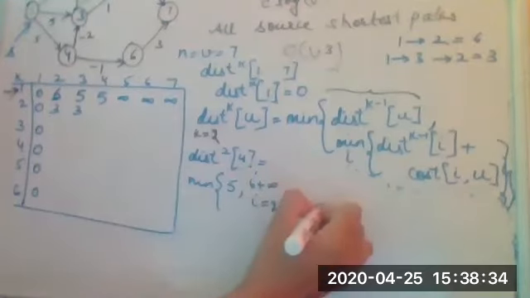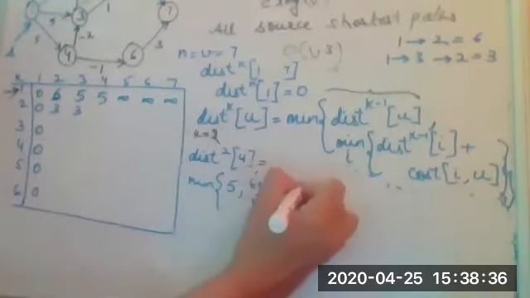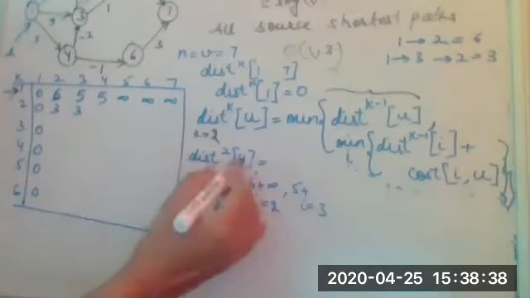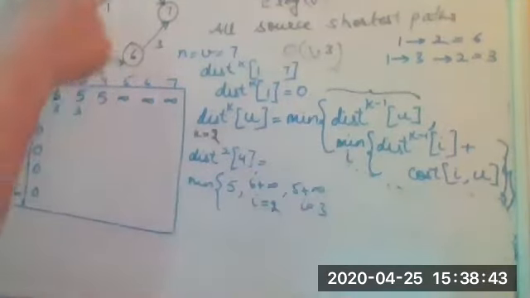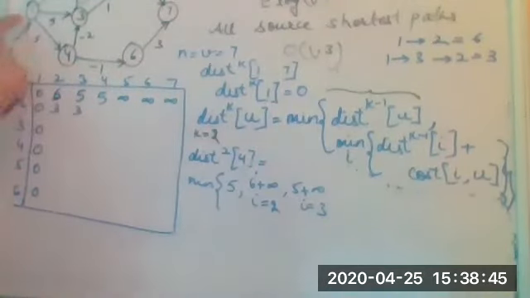Then I equal to 3 is 5, and for 3 to 4 there is no path. So there is no incoming path to 4 other than 1.